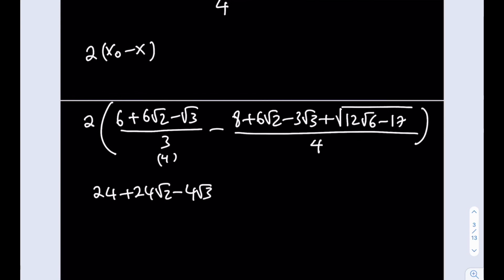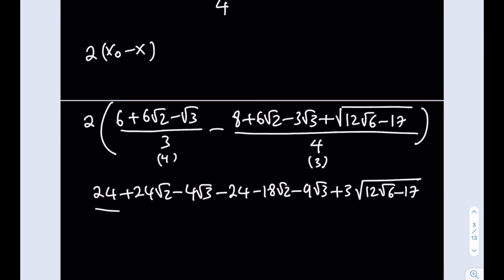Now I have to negate everything, be careful. And then I'm multiplying everything by 3 here: minus 24 minus 18 root 2 minus 9 root 3 plus 3 times the quantity square root of 12 root 6 minus 17. And the whole thing is going to be divided by 6, not 12, because we cross canceled.